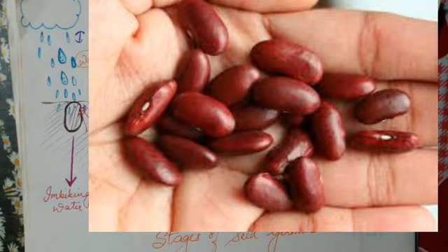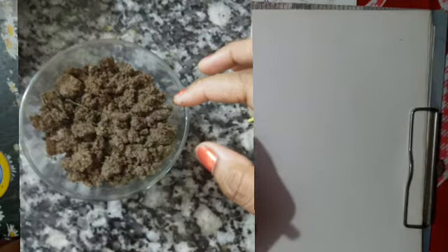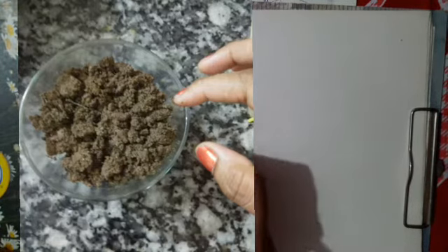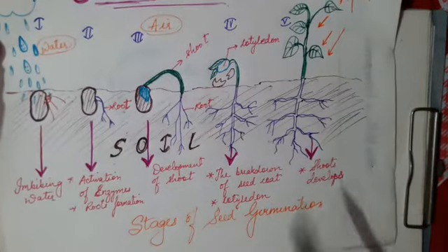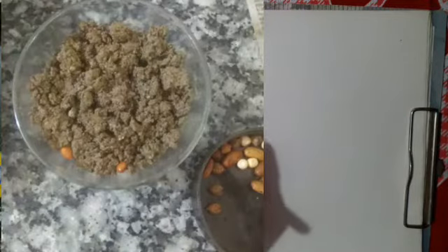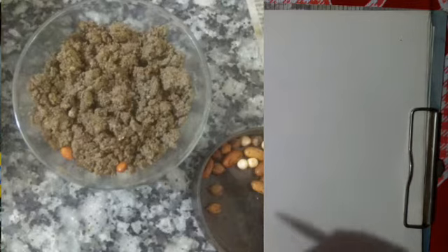To observe this, you have to take a glass or anything by which you can easily observe the changes. The container should be transparent so that you are able to see these stages easily. Put good mud inside it, the mud on which the plant grows.